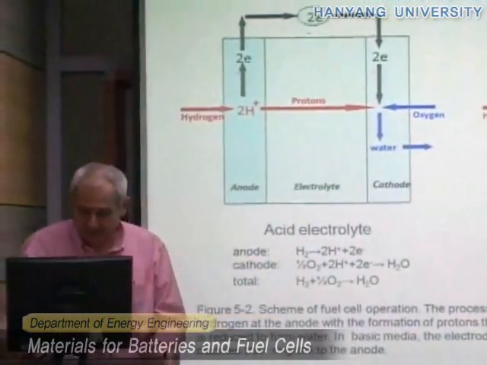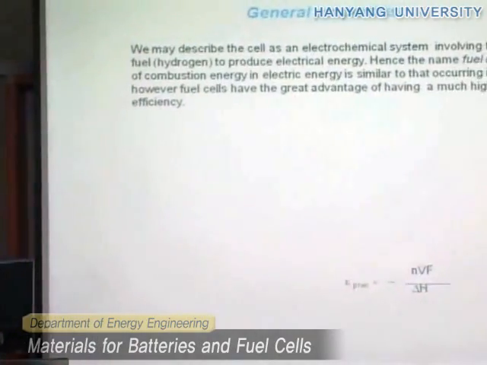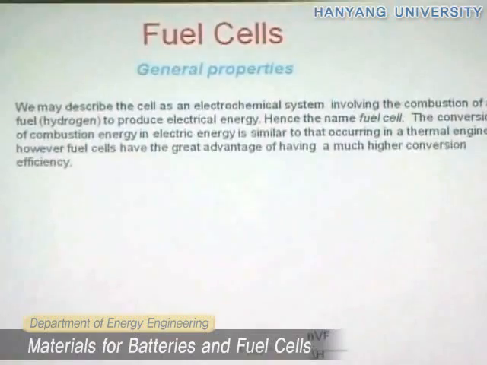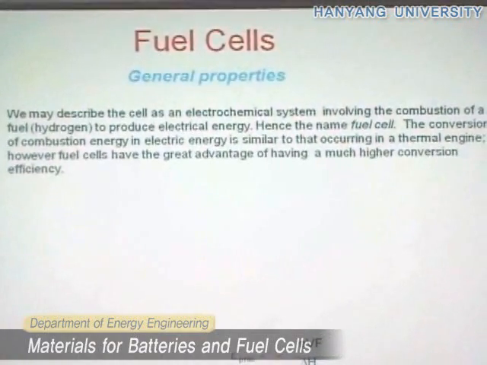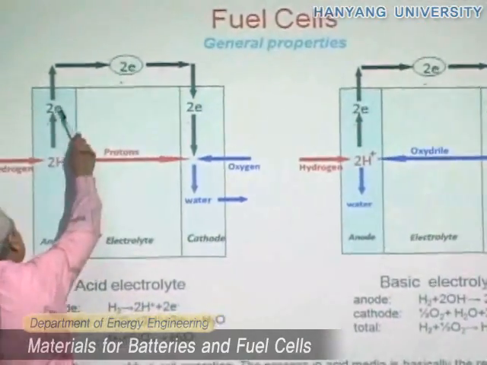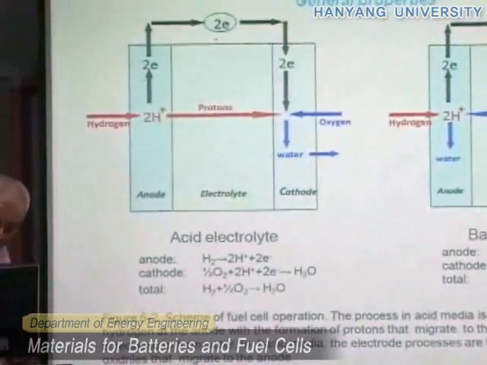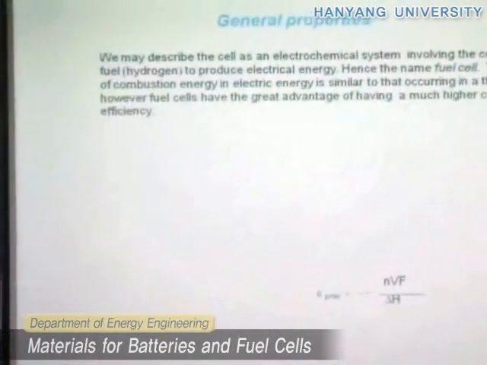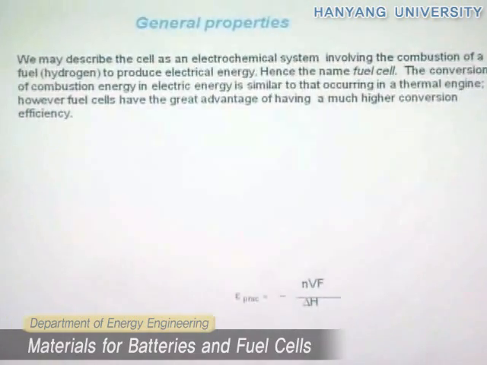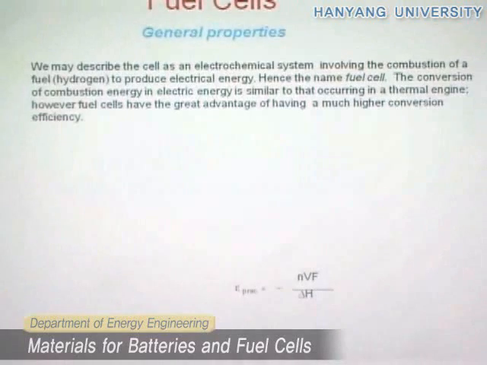So what will happen here actually is, in reality, the combustion of a fuel, which is hydrogen, to produce electrical energy, namely these electrons which go over the top. And this is why this particular electrochemical system is called a fuel cell.